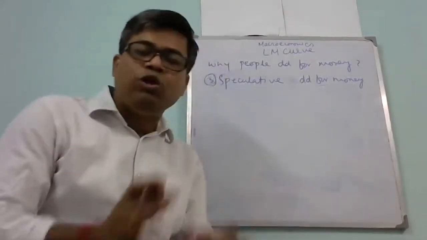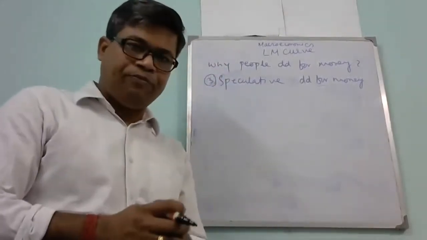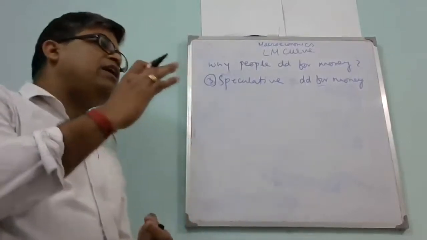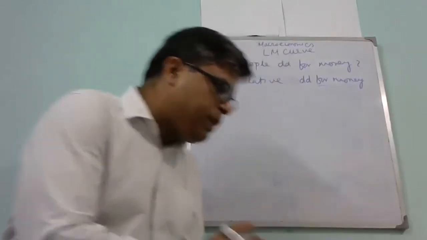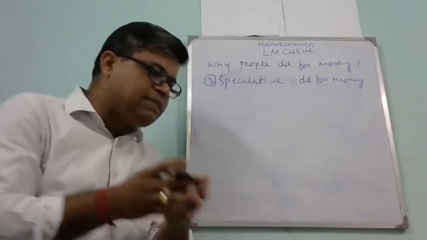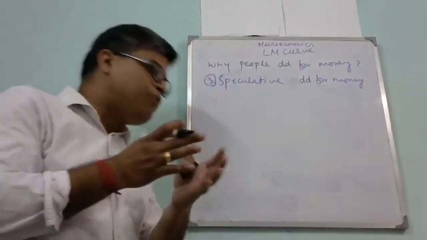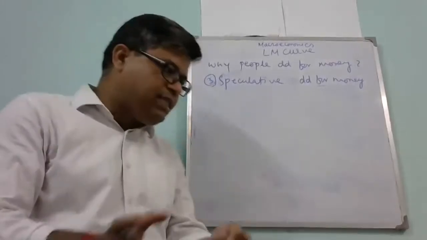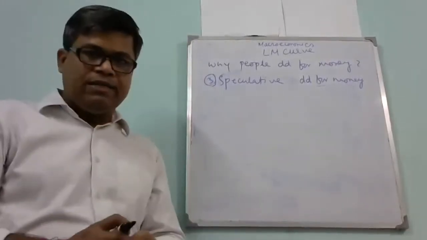Now the question is, what is the meaning of speculation? Speculation means that goods are purchased and sold for gaining profit due to speculative differences of prices at different time periods.